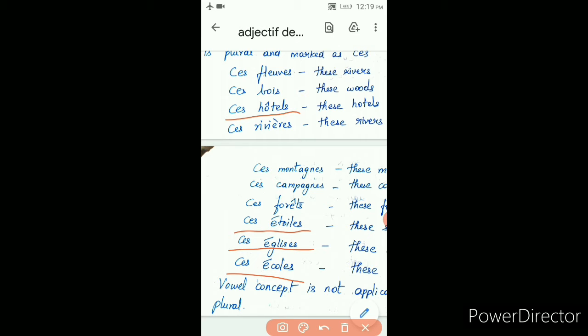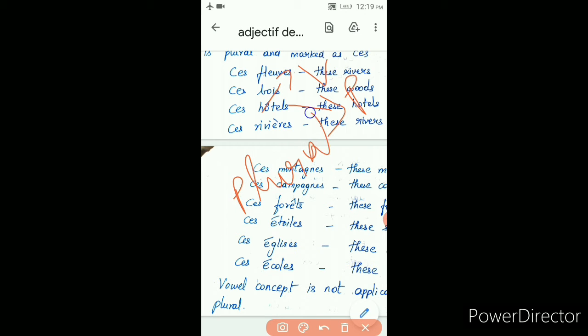If you see this, though it is starting with a vowel, it is plural. So for plural, the vowel concept is not applicable.